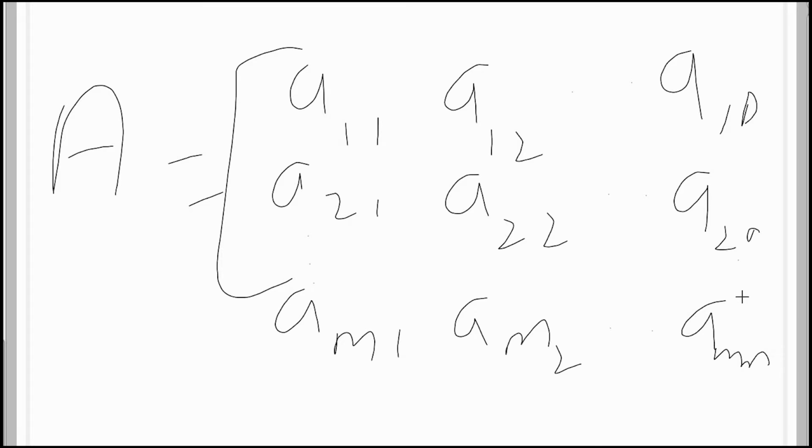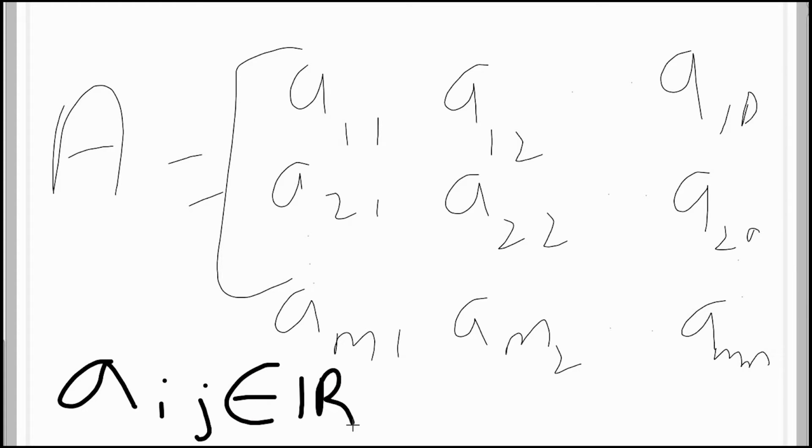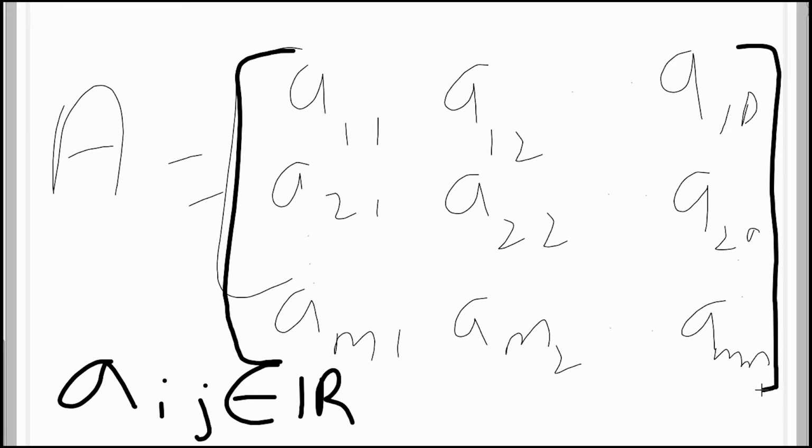Let me make my lines bolder so we can see what I'm writing now. So we have our Aij, element of the real number line. Are you getting me now? So basically this is a representation of matrix. So let's have this to encompass the whole thing.